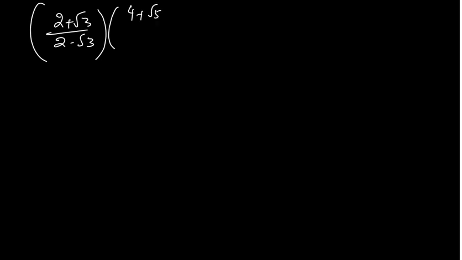Two ways of doing it. We have (2 plus root 3) divided by (2 minus root 3), into (4 plus root 5) divided by (4 minus root 5).